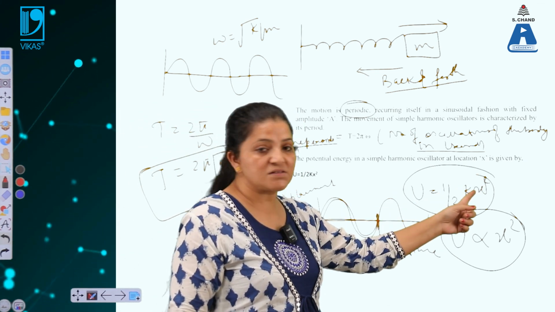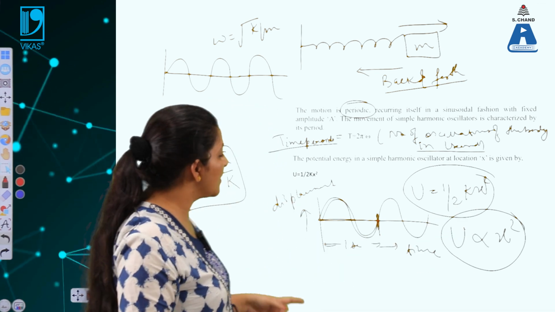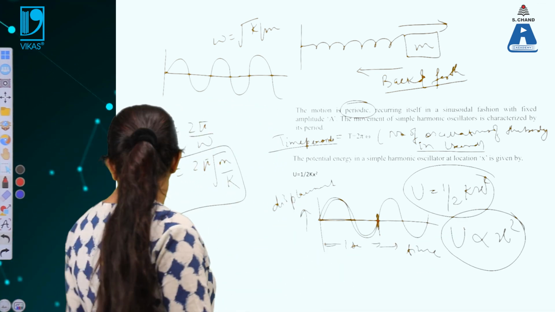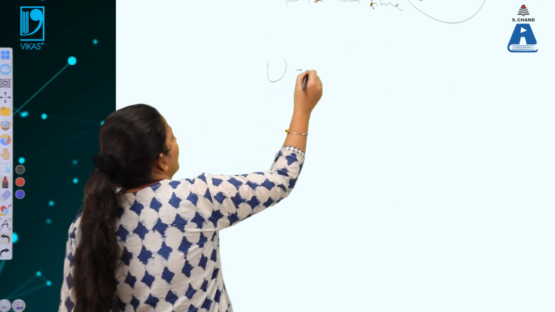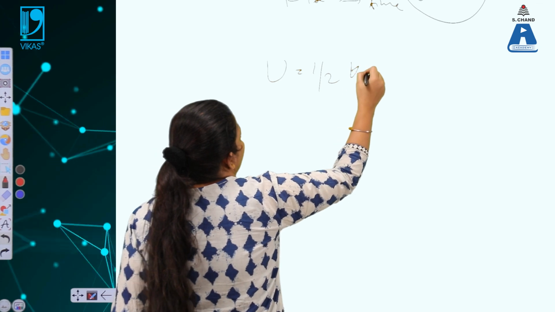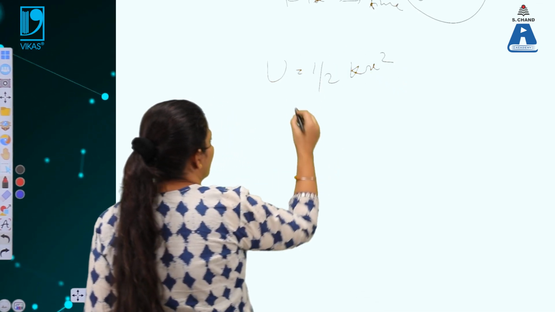Now what is x? x is the displacement. When we see its variation along the body, U is given by ½kx². So this is the potential energy.